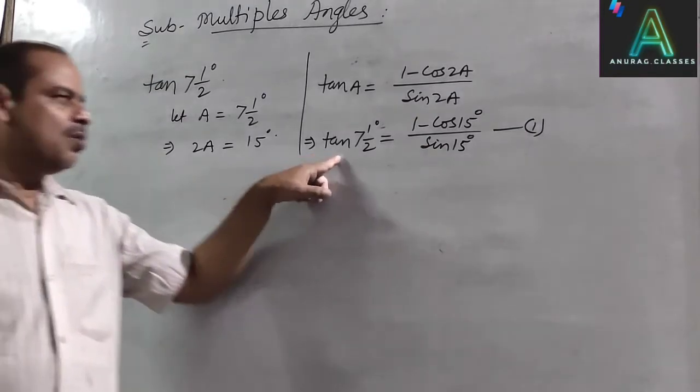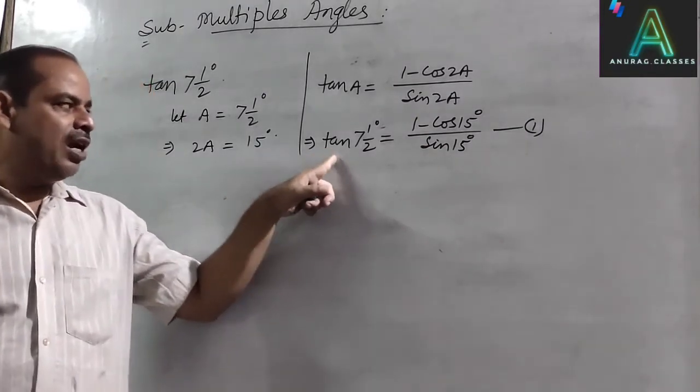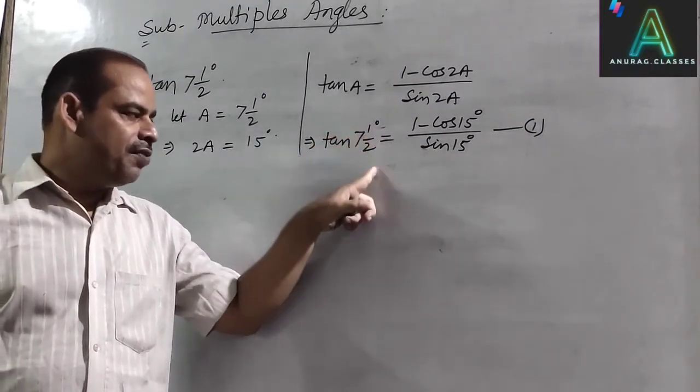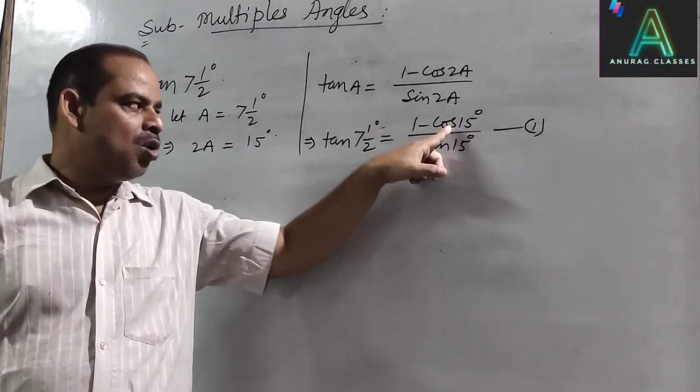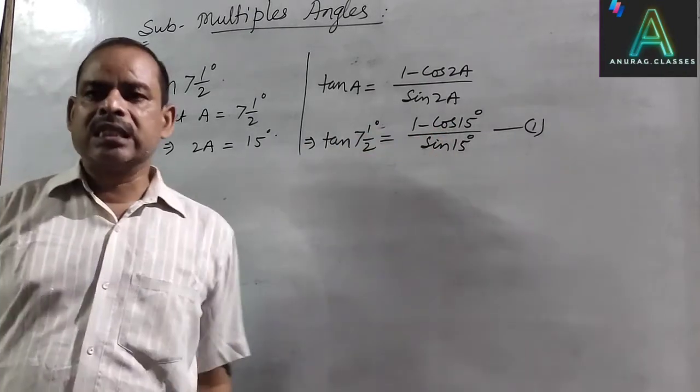So while finding the value of tan 7.5 degrees, we require the value of cos 15 as well as sin 15.